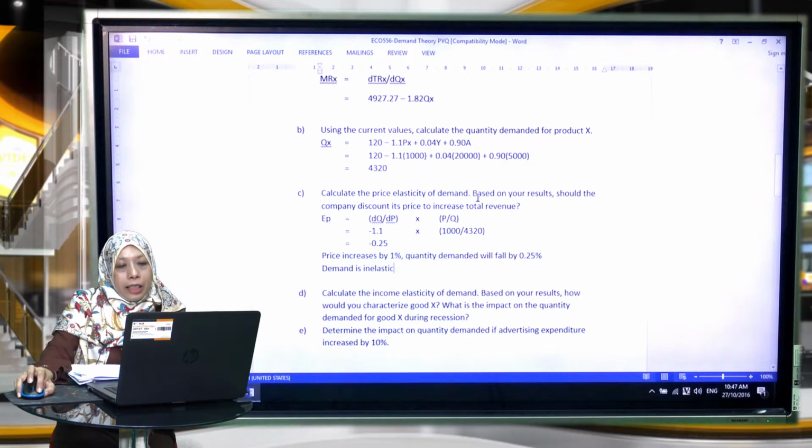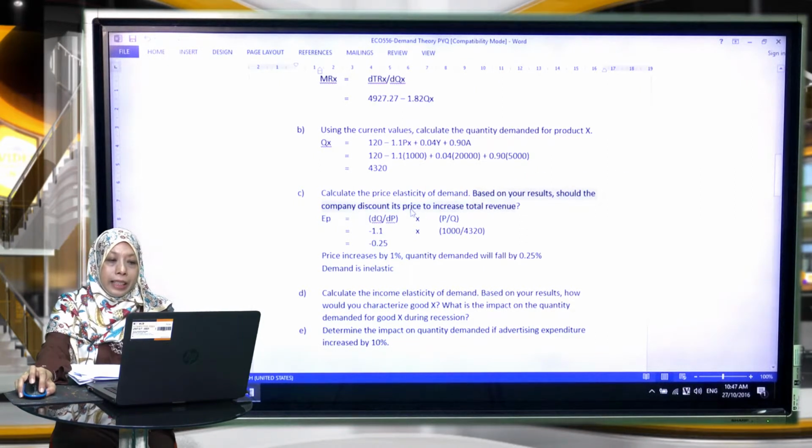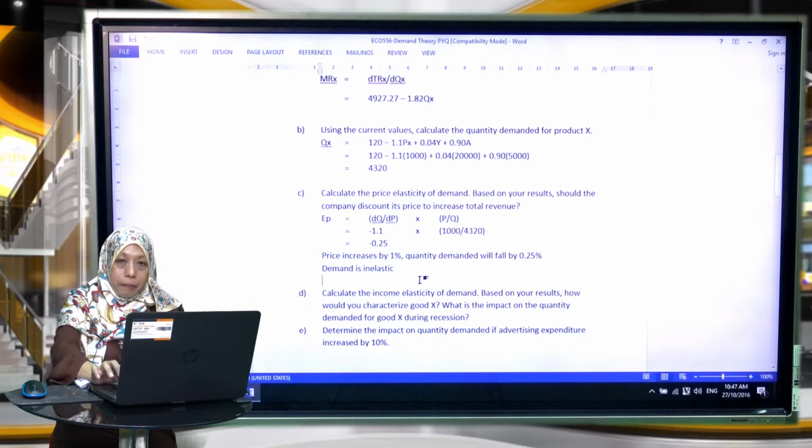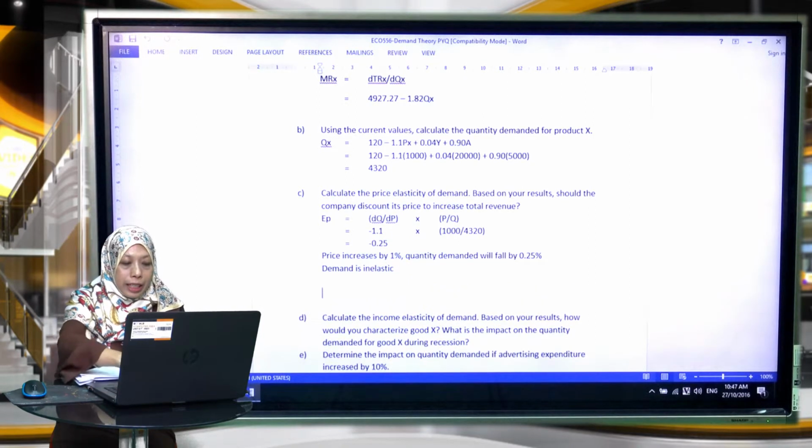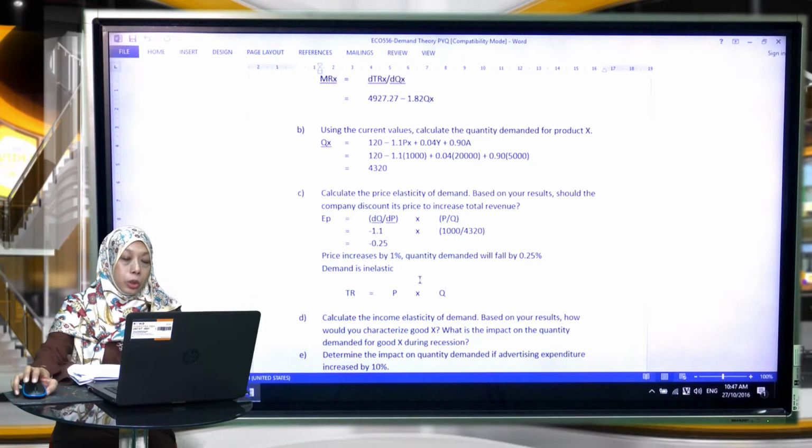Now the second half of the question says, should the company discount its price to increase total revenue? Now remember that demand is said to be inelastic. So if you decide to introduce a price discount, how does that affect your total revenue? You need to do this short test.